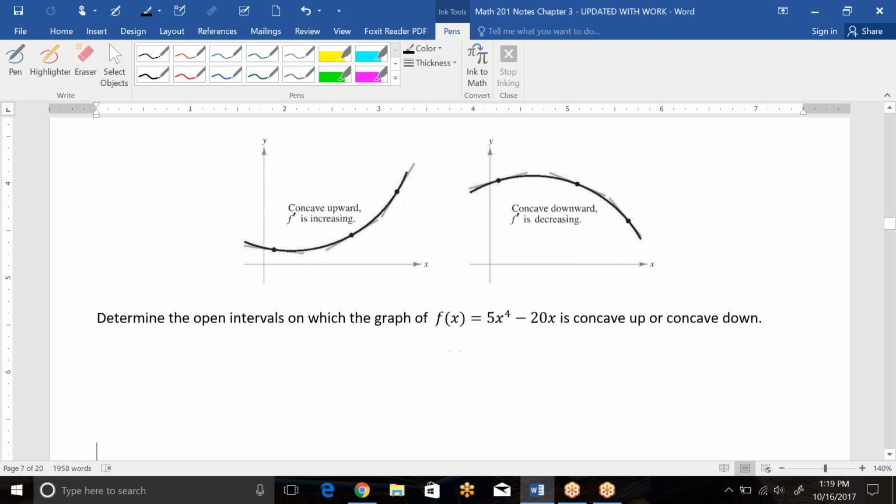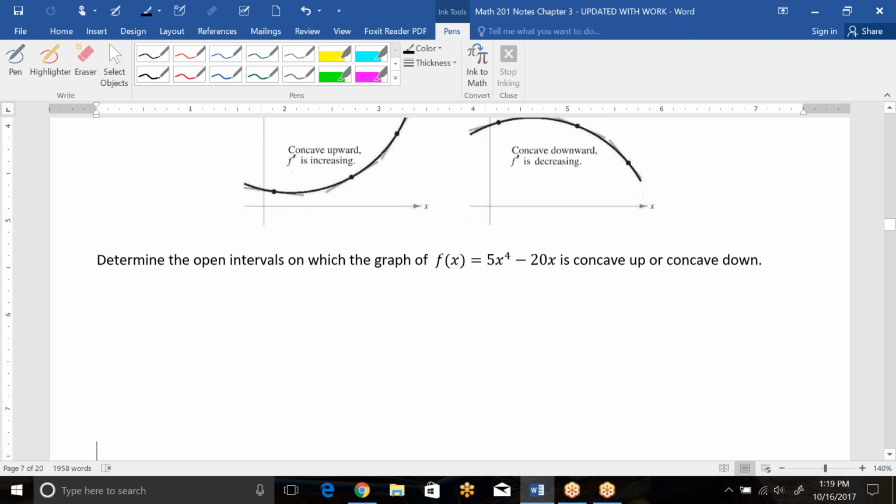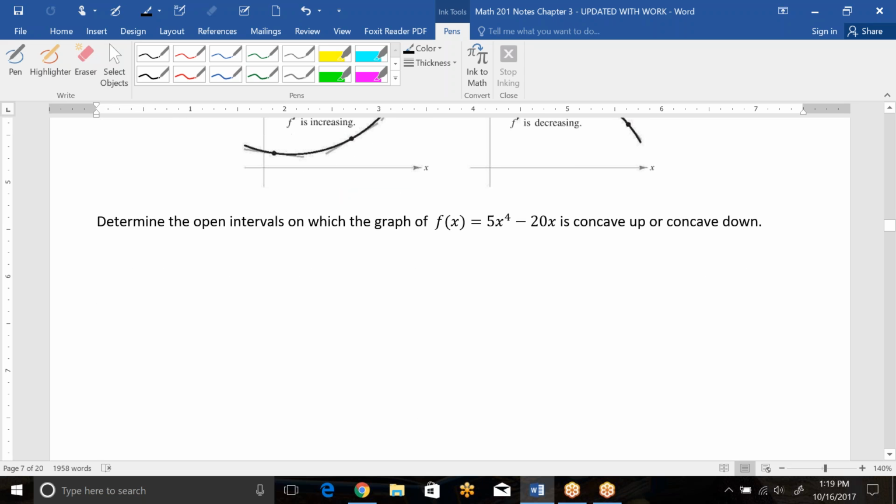So to determine the open intervals of which the graph of f of x equals 5x to the fourth minus 20x is concave up or concave down, we need to take two derivatives. So f prime of x would be 20x cubed minus 20 for the first derivative, and then f double prime of x would be 60x.